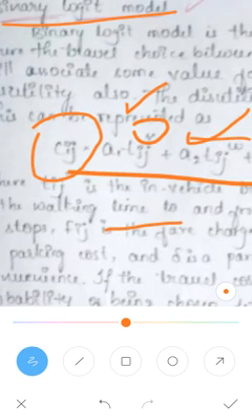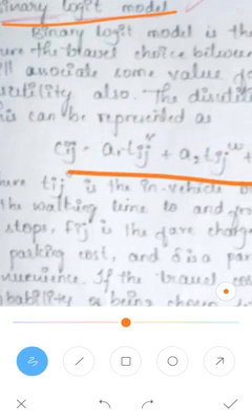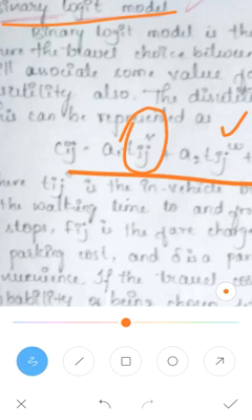Here, Tij to the power of v is the in-vehicle travel time between zone i and zone j. Next, Tij to the power of w is the walking time to and from the stops.